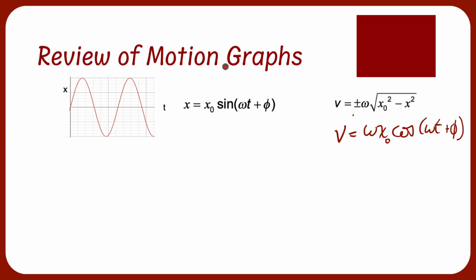So, for example, if I only know that I'm here, at this point, because it's a specific distance away from my origin, remember, at the top, the amplitude is x naught, and my point here, if I want to know the speed at this point, I'm going to use x equaling this value. You might say, why is there a plus or minus?